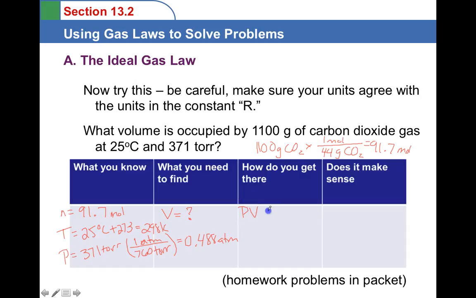All right, how do we get there? PV equals nRT. So volume is going to be equal to nRT divided by P, because that's what we had to pull out. So number of moles is 91.7.